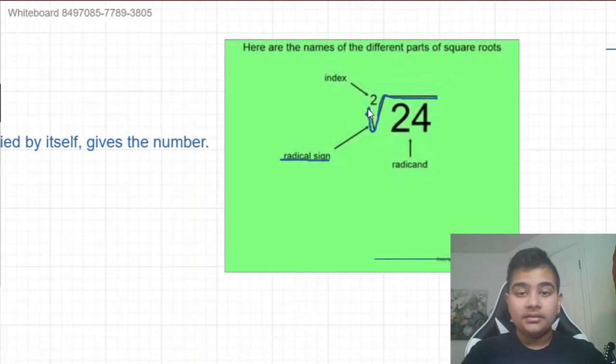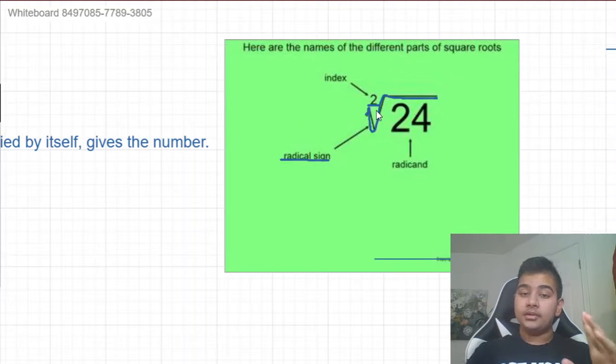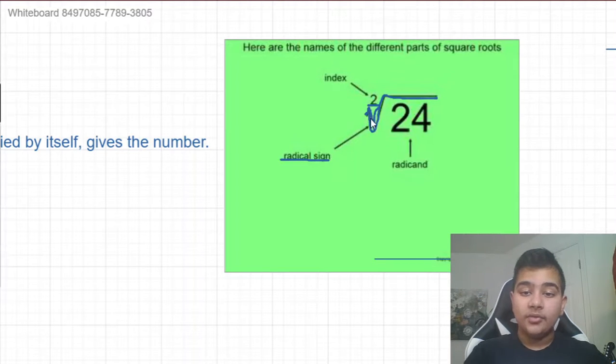And this 2 means square root, but when you use this sign, you don't need to write the 2. So after we use this sign, normally when you're using the sign, it already means square root, not cube root or anything.